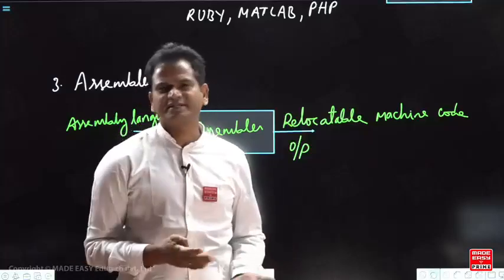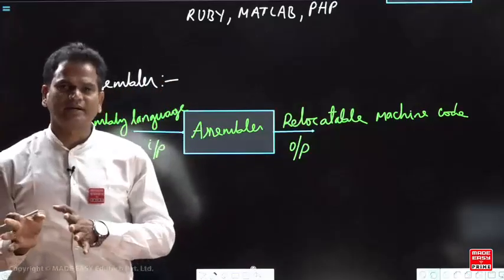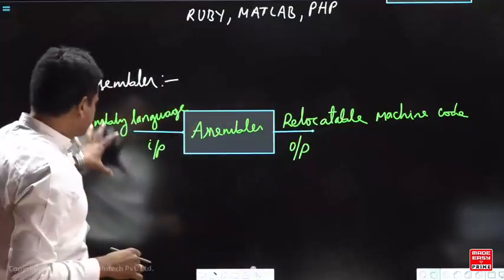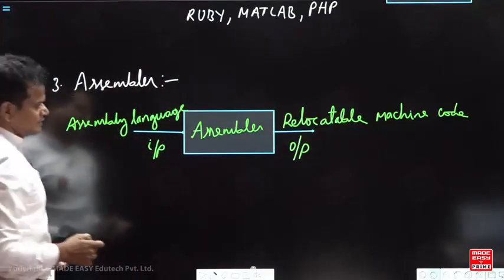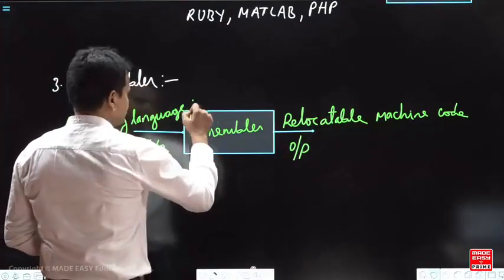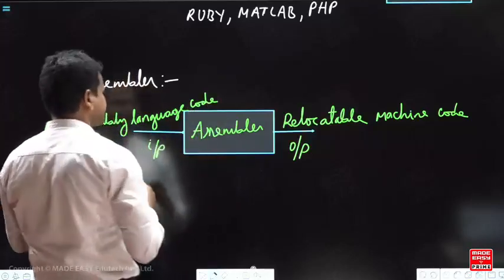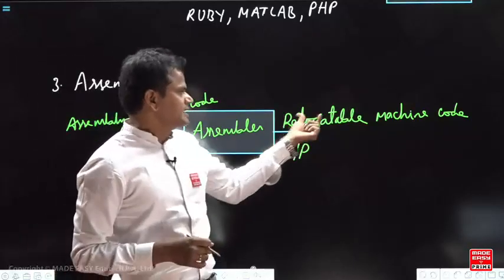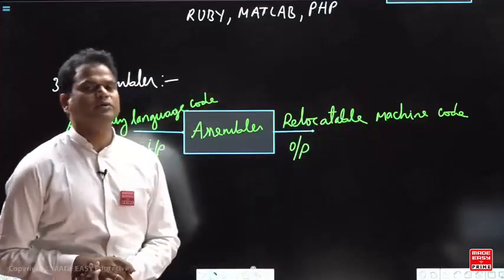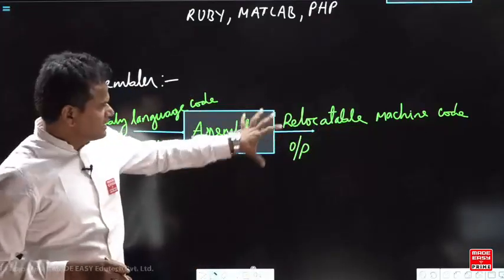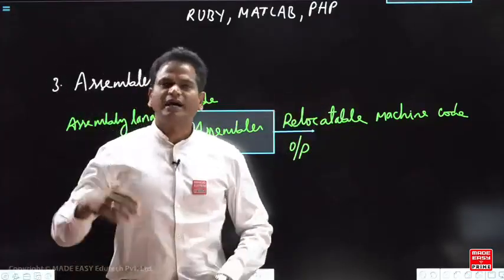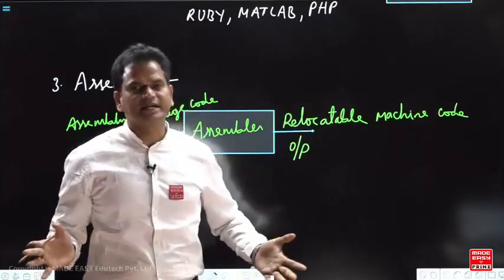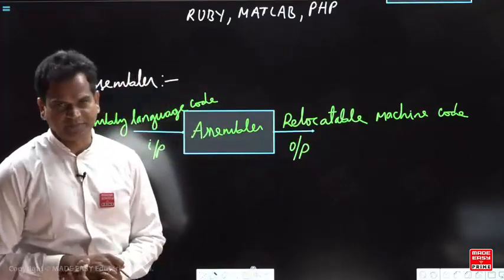Actually, what is language translator? It takes one language as input and produces another language as output. So it takes assembly language code, or you can say target code, as input and produces relocatable machine code as output. This relocatable machine code has to be stored in the main memory, which is ready for execution.